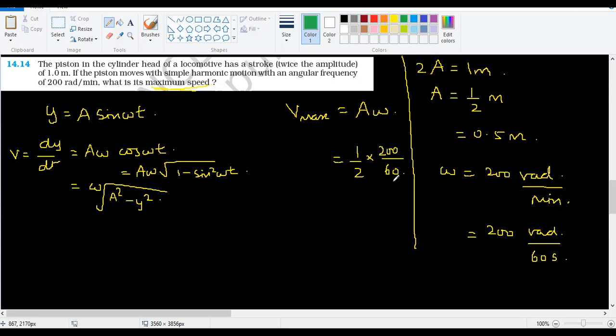So one of the zeros will cancel, 2 will cancel. So 10 by 6, which is 5 by 3. So it's moving at a speed of 1.66 meter per second. Very easy one, nothing very difficult here. So if you have any doubts, please raise it.